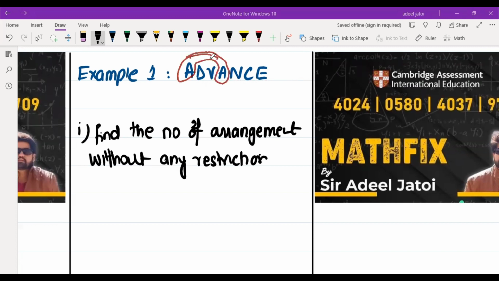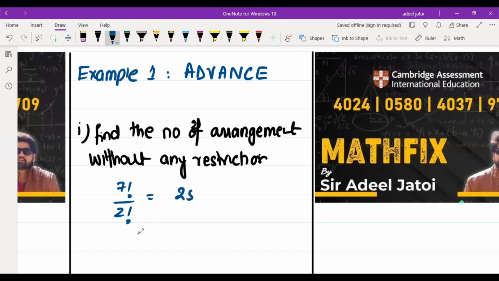So to remove the repetition, we'll divide by 2 factorial. So if I write it down, the answer for the arrangement without any restriction will be 7 factorial for the arrangement and 2 factorial to remove the same type of letters that are there.